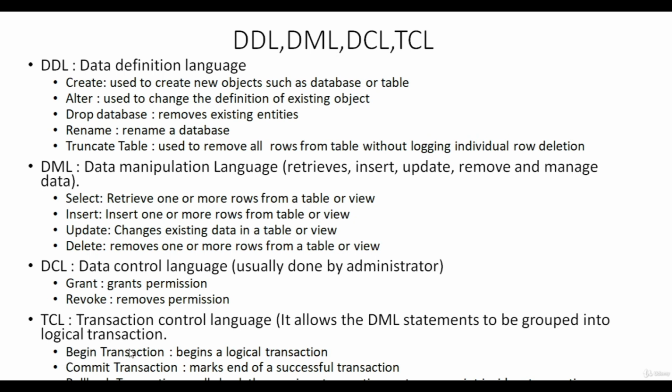We can group them using begin transaction. Under begin transaction, we group all the DML statements, and once we are satisfied with the transaction, once it is successfully inserted into table 1, table 2, table 3, then we go ahead and commit the transaction. Else we roll back the transaction.